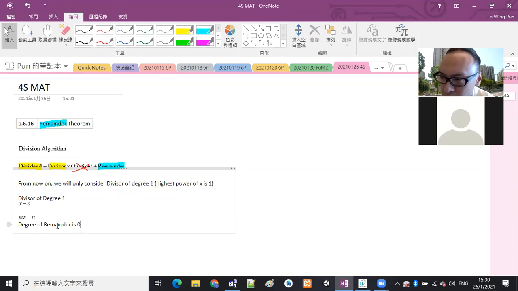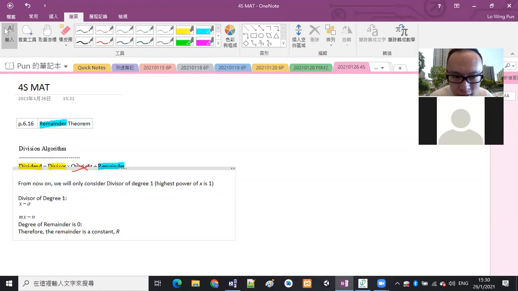Degree 0 means just a number with no x, a constant term. So the remainder is a constant. Normally we will denote the remainder by capital R.